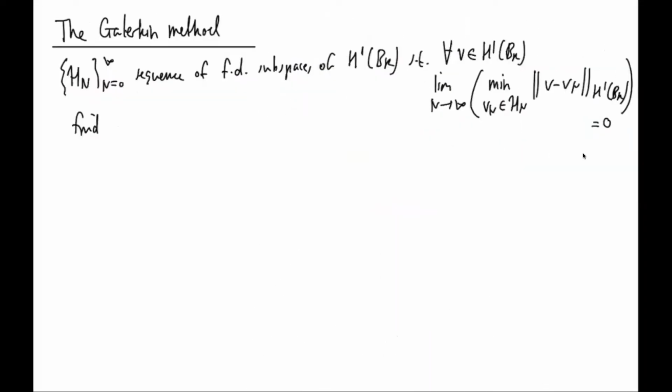Okay, so I say find u_n in H_n such that a(u_n, v_n) is f(v_n) for all v_n in H_n.